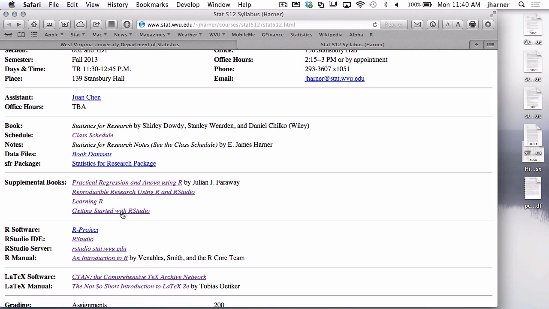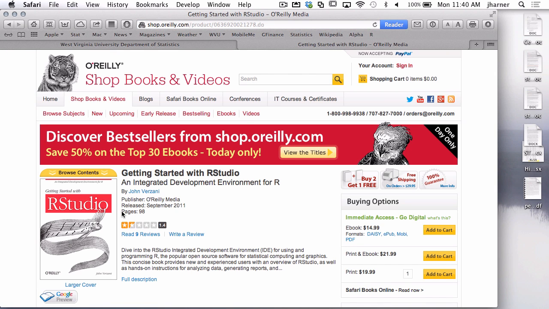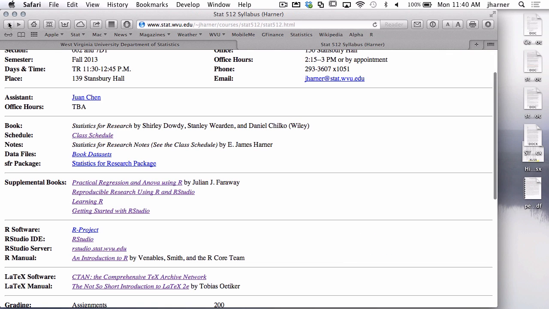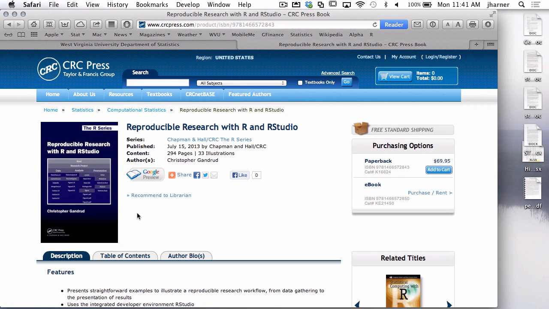And I think I had already mentioned this book to you, Getting Started with RStudio. It's a little bit dated, although I did see an update, but I don't know to what extent it really was updated. For those of you that want to do reproducible research, this is a very useful book. It talks about RStudio also, but it has a lot of discussion on reproducible research using R, and doing that within the context of RStudio.